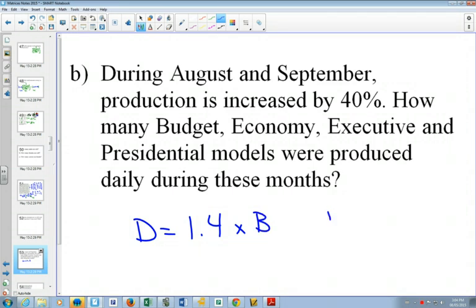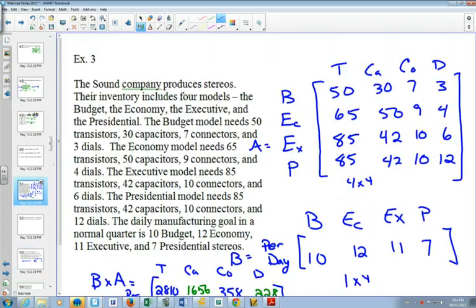We want per day along here, and we want budget, economy, executive, presidential there. So that has to be in the one that has that. That's from matrix B, which had those things.